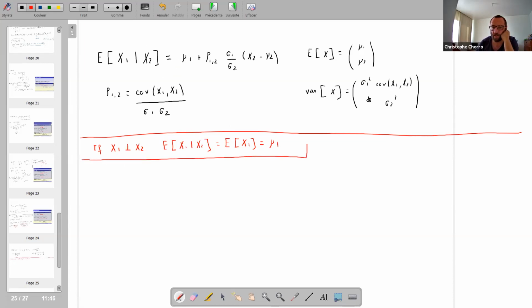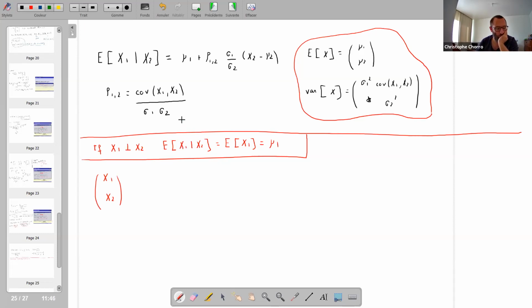So I just keep this in mind, okay? So I have my vector x1, x2 with this characteristic here.